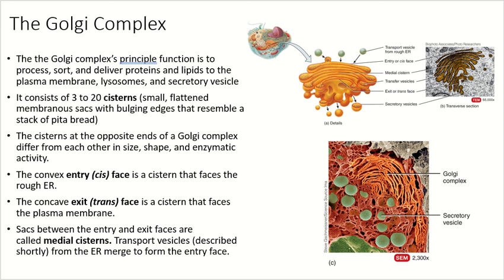So the cisterns that are at the opposite ends of the Golgi complex are going to differ from each other in size and shape, as well as, very importantly, in enzymatic activity.